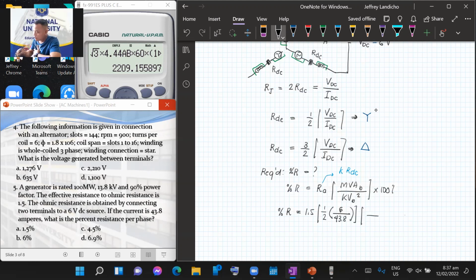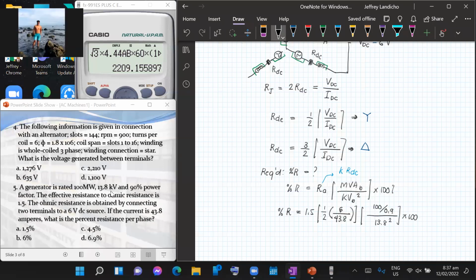Multiplied, MVA base natin? Given ang rated power, MVA tayo, so to get apparent is real over power factor. Kaya yung 100 mega, divide mo kay power factor of 0.9, MVA na. So that will be our MVA base. Ano KV base? Ano line-to-line voltage? 13.8. Naka-KV na. So divide natin ng 13.8 squared. Saka na lang natin i-multiply ng 100. Nakuha ba? Yung hinahanap natin ay percent resistance.